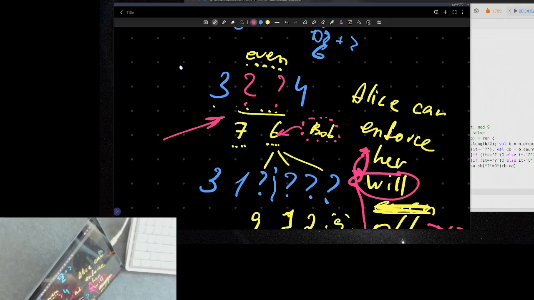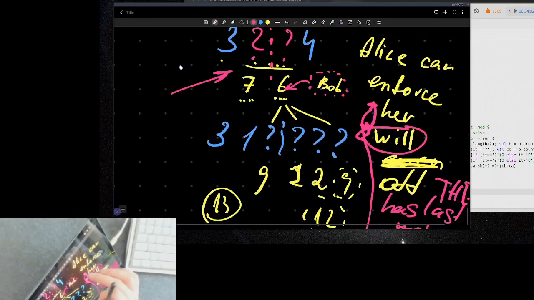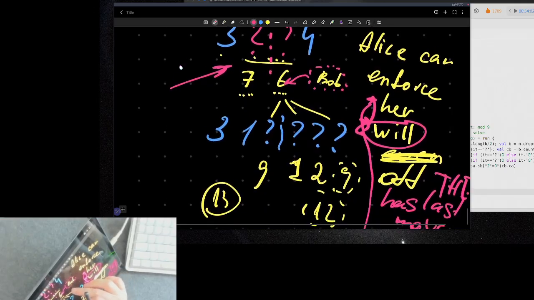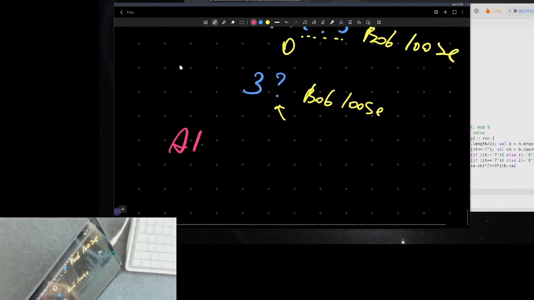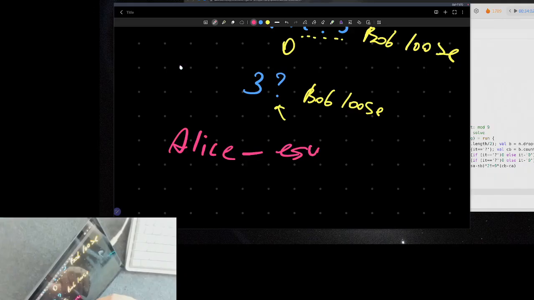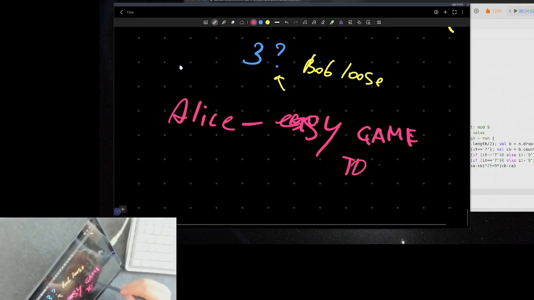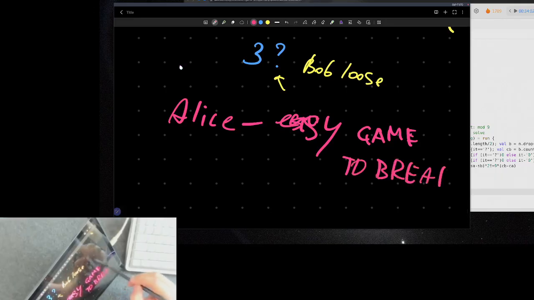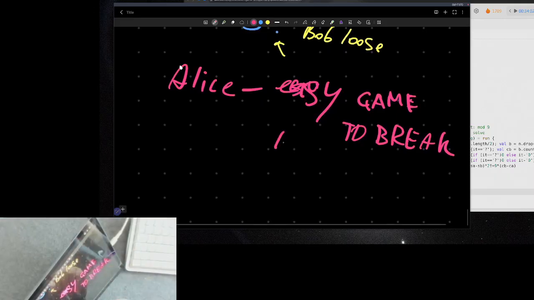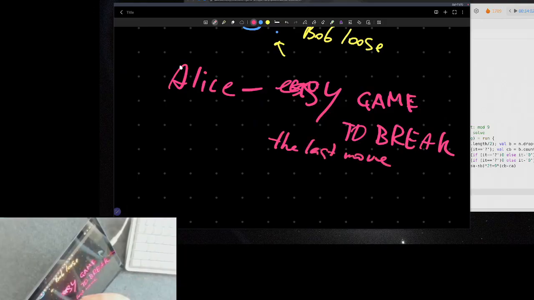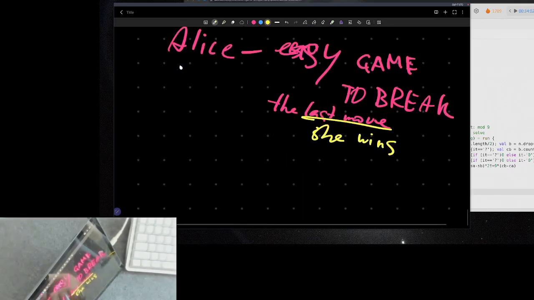Bob has to make the halves equal, so it's a little bit harder than making things worse. You can break things very easily with Alice. Alice has an easy game, because her game is to break things. So the last move, she wins. If she has the last move, she wins.